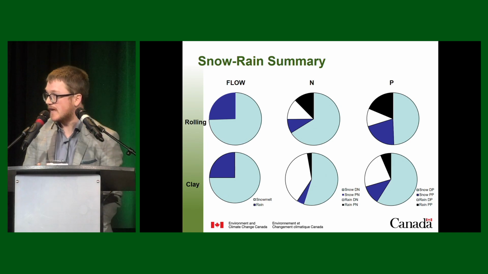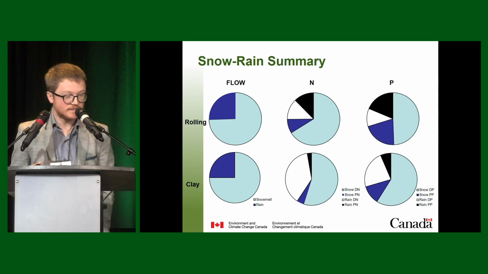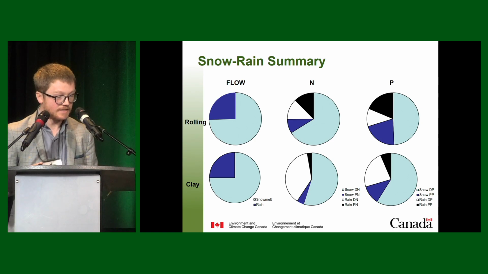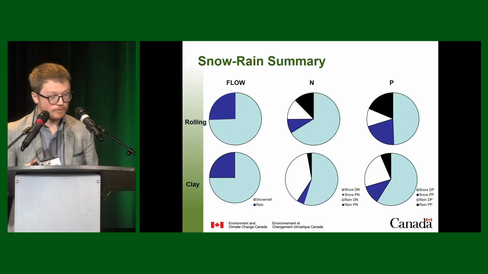However, when we look at the nitrogen load, we do see some contrasts in terms of what we're seeing from the sites. For the rolling topography, still the dissolved fraction in the snow is making the largest contribution.